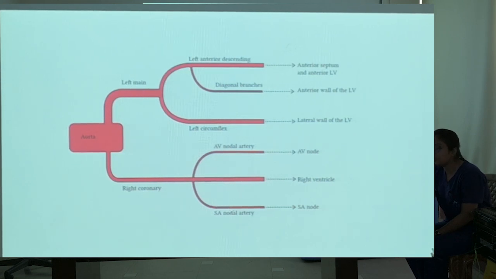The other branch of the left main coronary artery is the left circumflex, which supplies the lateral wall of the left ventricle. The right coronary artery gives nodal branches to the SA node and AV node, and it supplies most of the right ventricle.